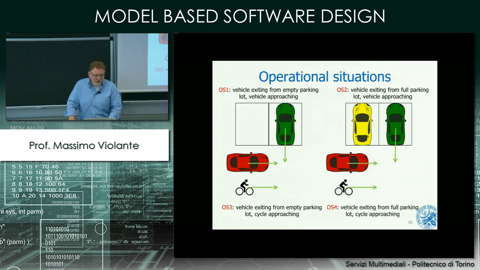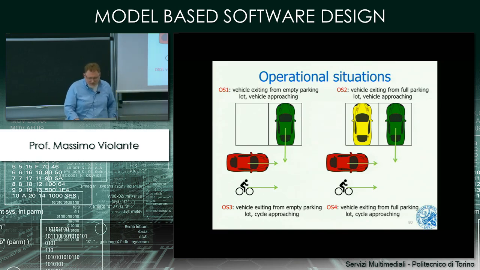Or you could have a motorcycle, you could have a bicycle, or you could have a pedestrian. They are not infinite. Okay? So in theory, when you do this work in real life, you have to consider all these scenarios. They are finite. They are more than the ones that I have considered. But for the sake of this presentation, this is enough. Okay? Any other question?